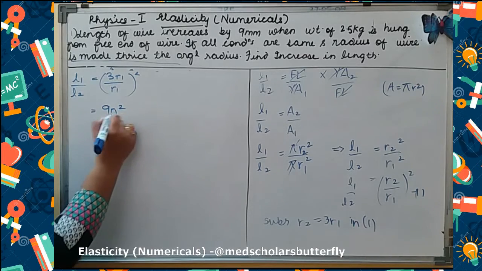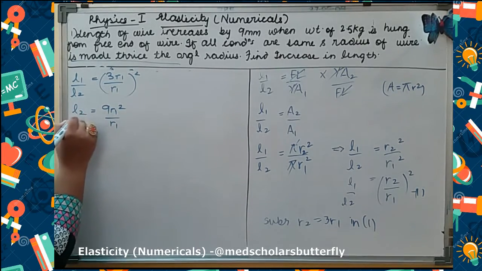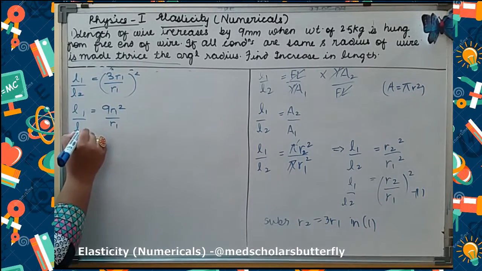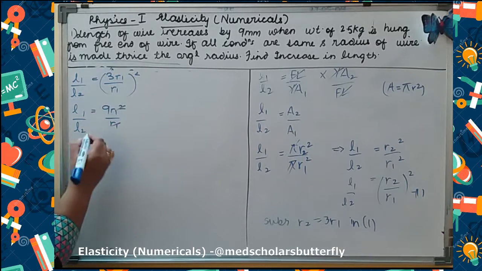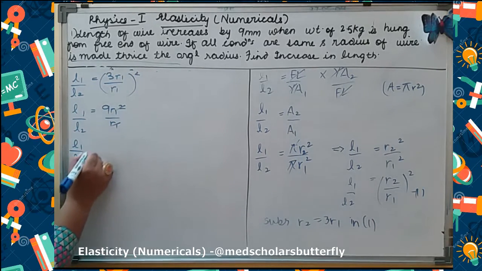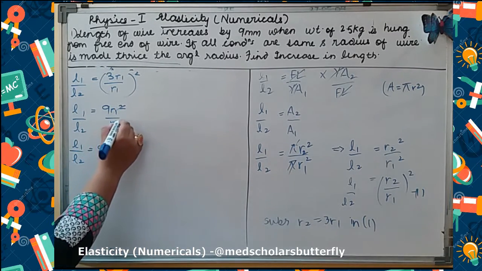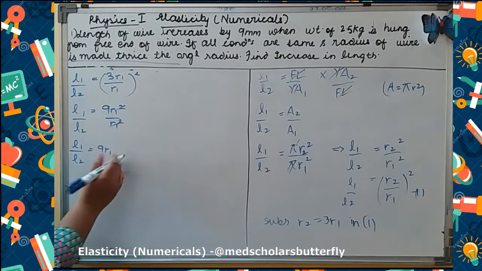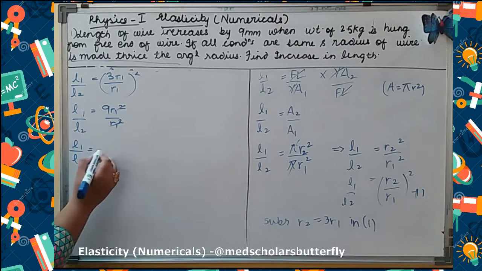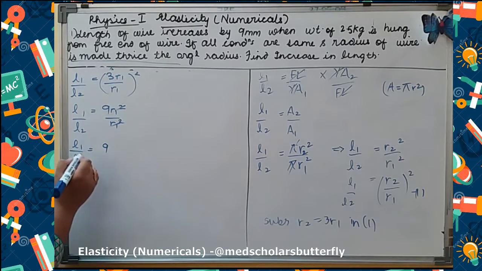Then R1 square upon R1 square, so this and this get cancelled. L1 upon L2 is 9.